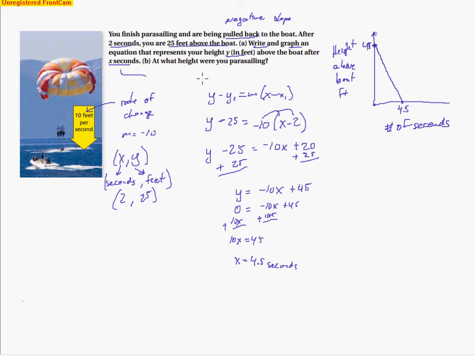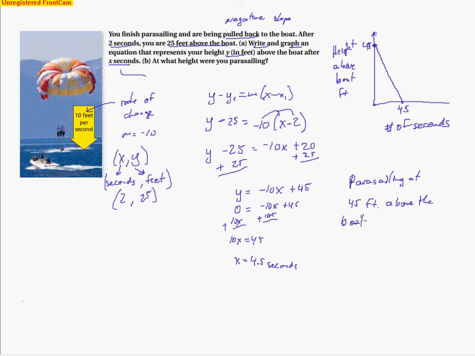So it does ask me also for this other part right here. It says, at what height are you parasailing? Well, what height am I parasailing? It's the y-intercept. 45. I am parasailing at 45 feet above the boat.